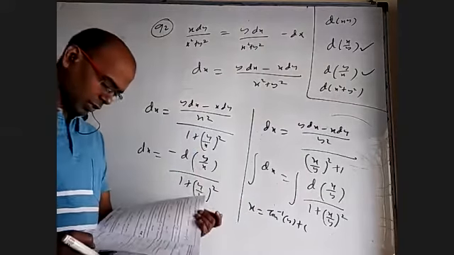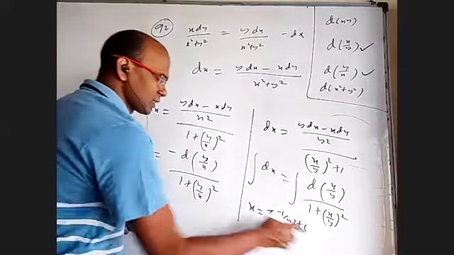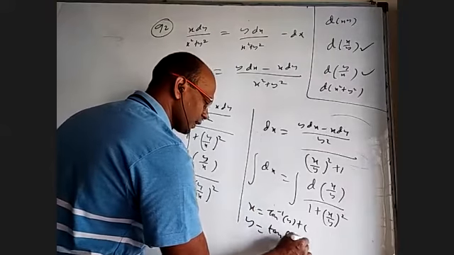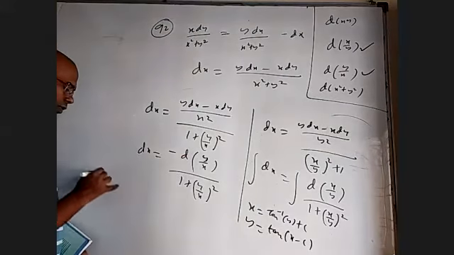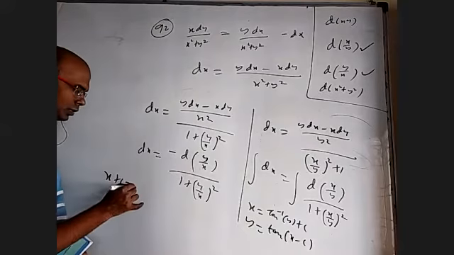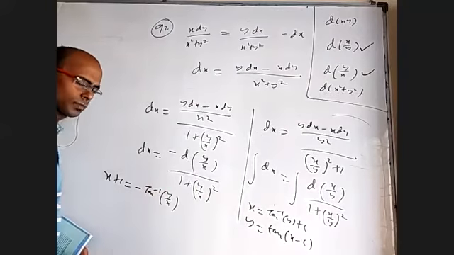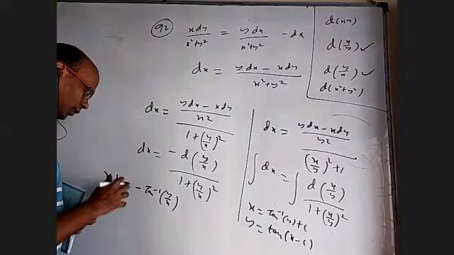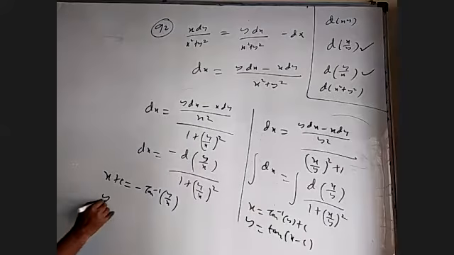I don't know what answer they gave. They might have brought c here and tan here, and you would have got y is equal to tan of x minus c. What if I use this? What would have happened? You would have got x plus c is equal to minus tan inverse of y by x. So if you bring this minus here and write tan, you might have got y by x is equal to, here also x by y.